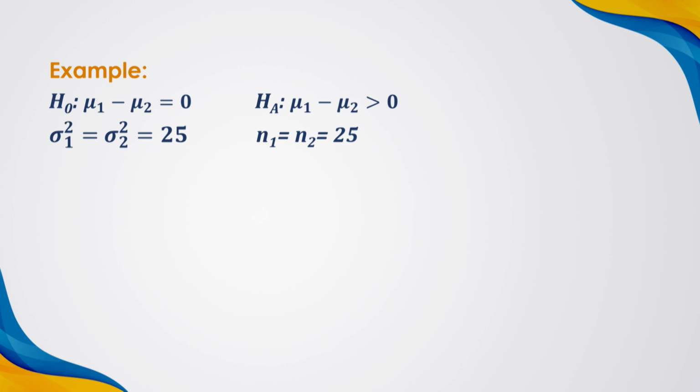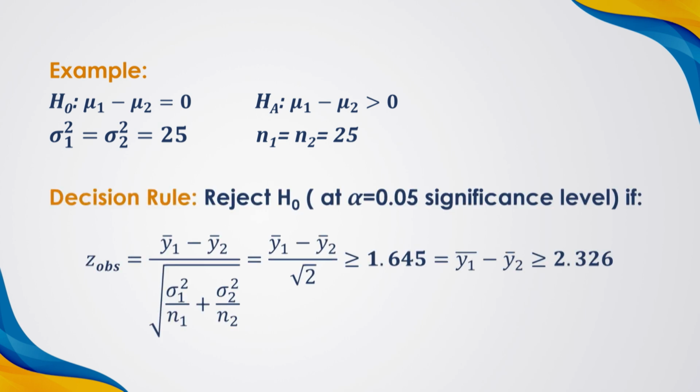H naught: mu1 minus mu2 equals 0. The alternative hypothesis H1 or HA: mu1 minus mu2 is either greater than 0, less than 0, or not equal to 0. Also given are sigma 1 square equal to sigma 2 square equal to 25, and n1 equal to n2 equal to 25.